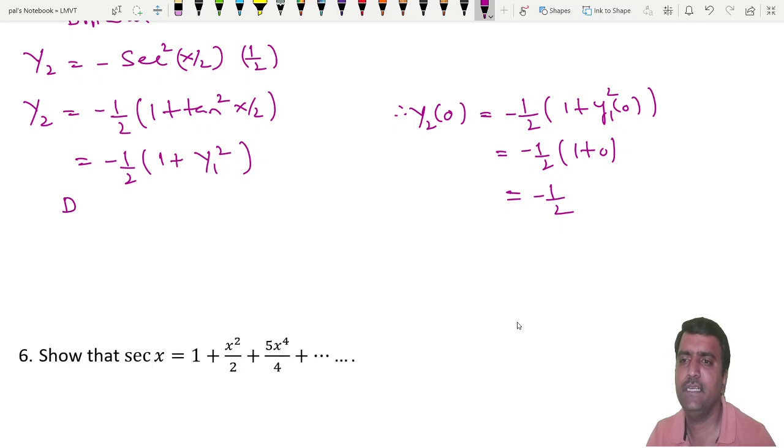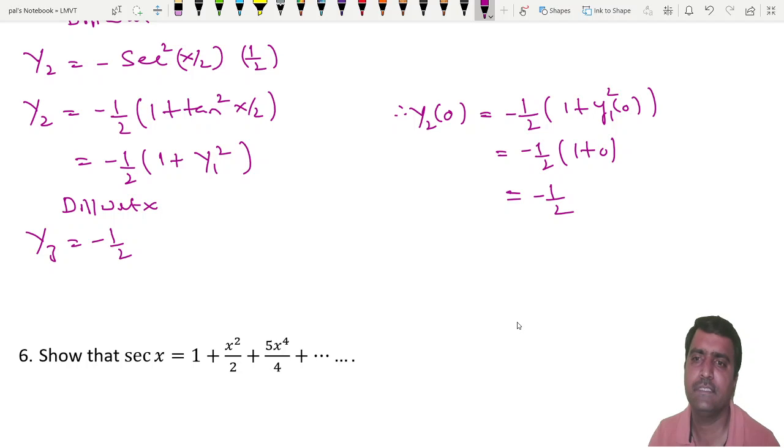Again, I differentiate this with respect to x to find y3. y3 is equal to minus 1 by 2 into the differentiation of y1 square, which is 2 y1 into y2. So you can cancel this 2 and 2.